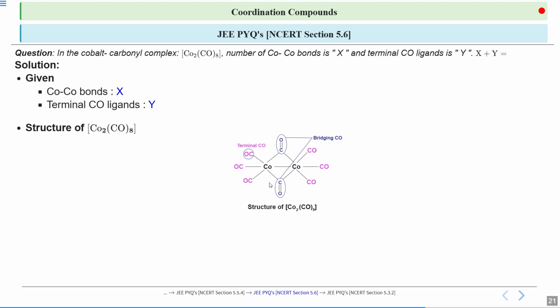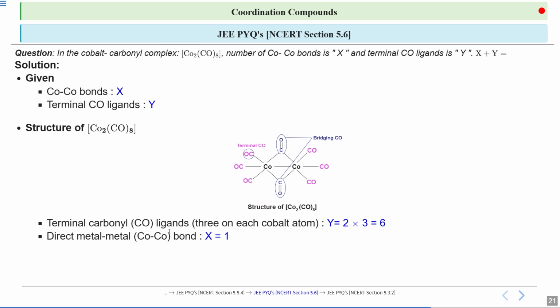At each cobalt we have 3 terminal carbonyls. So the terminal carbonyl ligands, which is 3 on each cobalt atom, will equal Y, which is 2 times 3, because there are 2 cobalts and 3 terminal carbonyls at each cobalt. So 2 times 3 is 6. So Y is 6. Similarly, the direct cobalt-cobalt bond is X and it is 1.